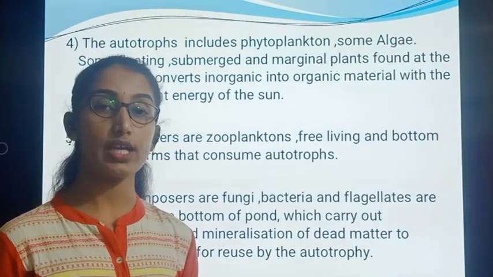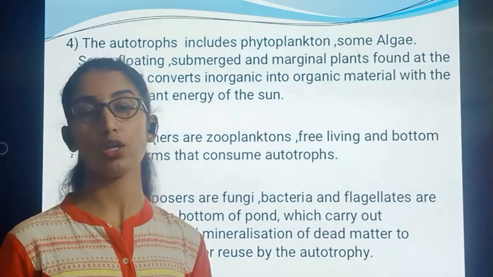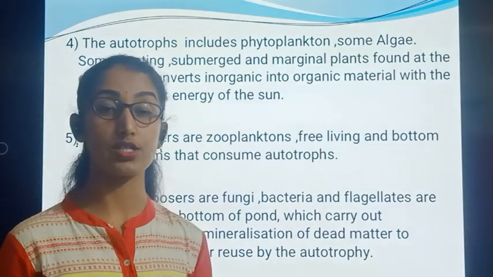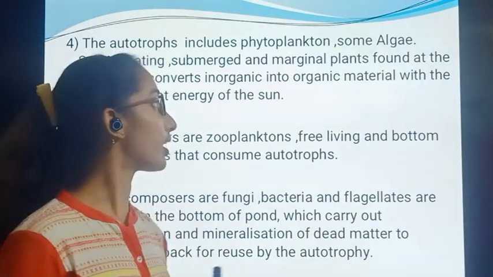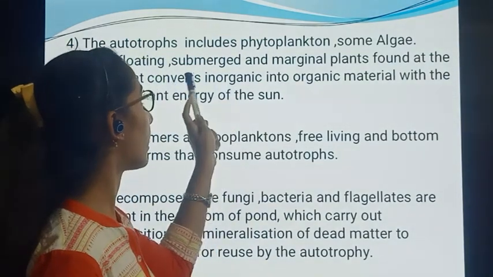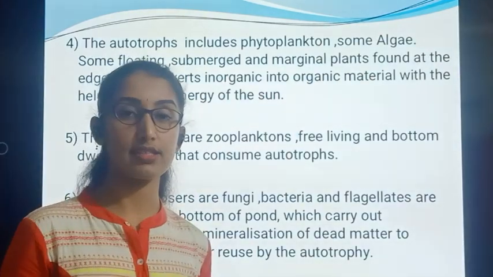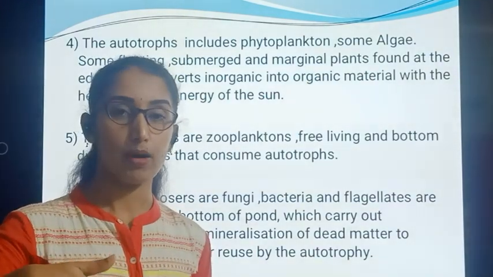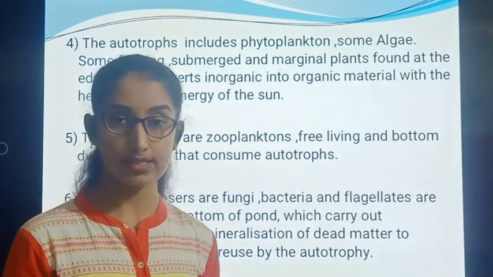Some of the aquatic plants will be at the bottom, or they may be submerged, that means they are completely within the water. They are the submerged plants. And some will be present in the marginal area, that is the bank or the edges of the pond ecosystem.